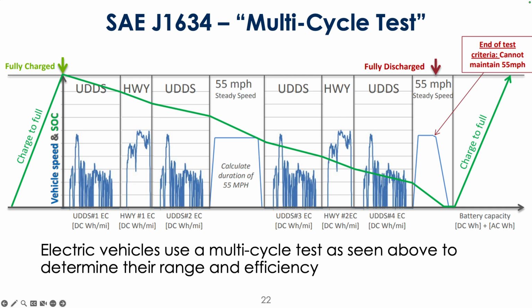So they cycle through these UDDS and highway test cycles, and then they have this flat 55 mile per hour testing, and they will repeat this over and over again until it can't maintain this 55 miles per hour. They fully drain the battery, and then they see how long it takes to charge full. And this is a way to determine, again, the range and efficiency, building off some of the test cycles that already exist.